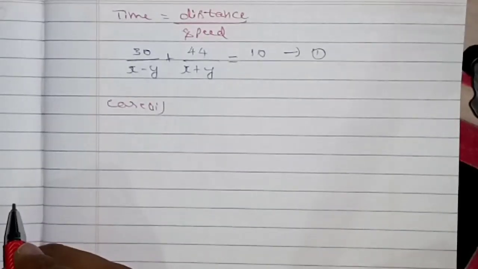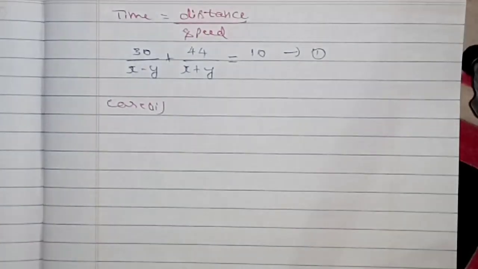In case 2, the total time taken by the boat is, as usual, time equals distance by speed. If you apply it, you'll get another condition, and by solving these two conditions you can find the speed of the stream and the speed of the boat in still water also, right, children?